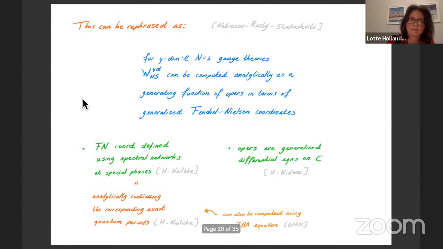Right, so this can be rephrased based on work of Nekrasov-Shatashvili in the following way. The statement is that for four-dimensional N equals 2 theories, the superpotential can be computed analytically as a generating function of opers in terms of generalized Fenchel-Nielsen coordinates, because these Fenchel-Nielsen coordinates are exactly the quantum periods that are obtained from the spectral networks at special phases.